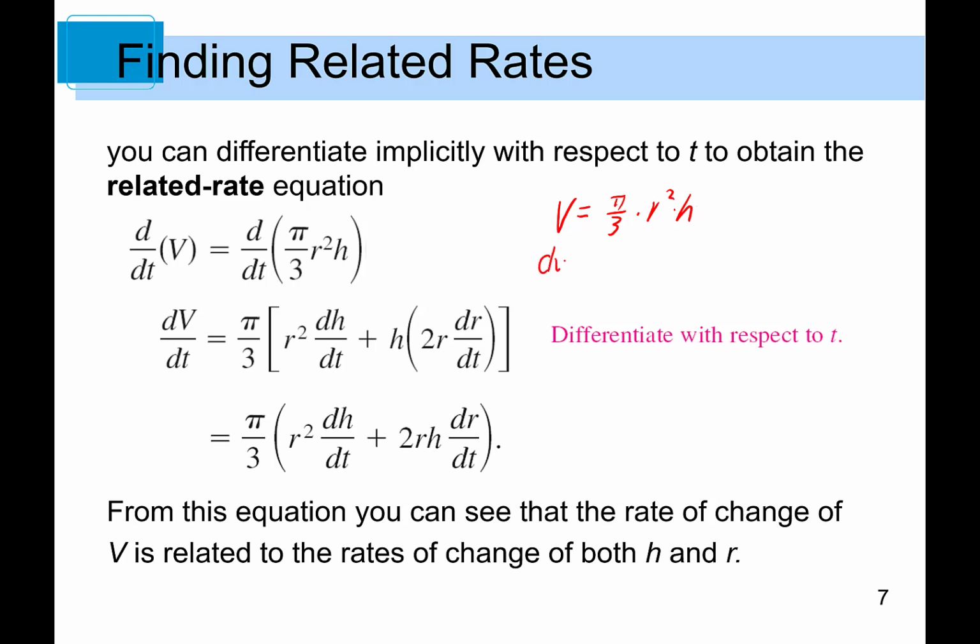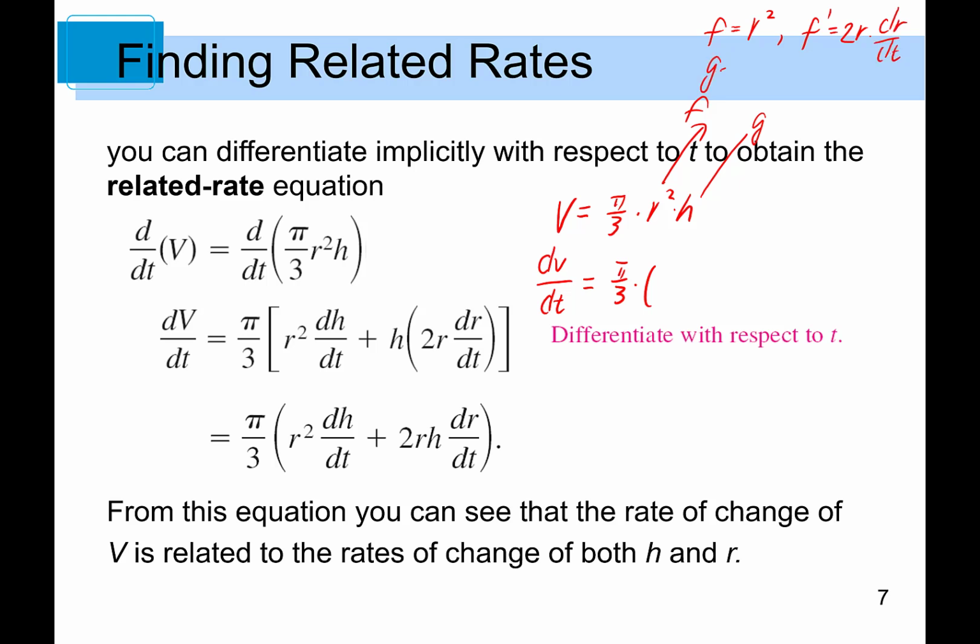So dV over dt. And here we have to use the product rule. So this is our f and g. So f equals R squared, f prime equals 2R times dR over dt.